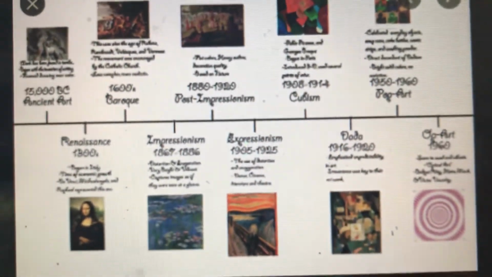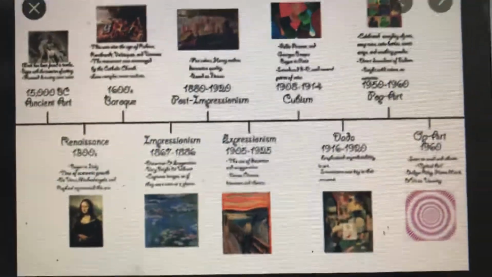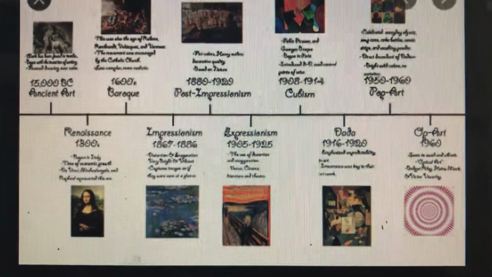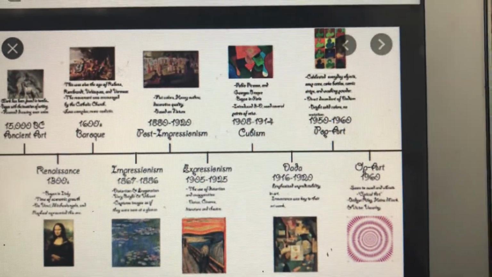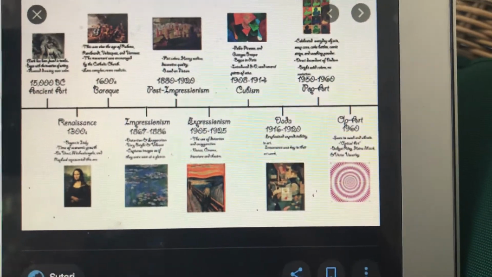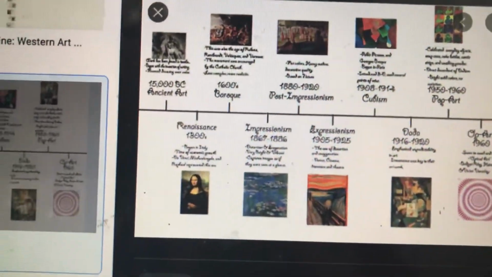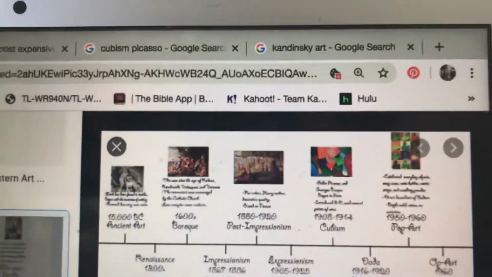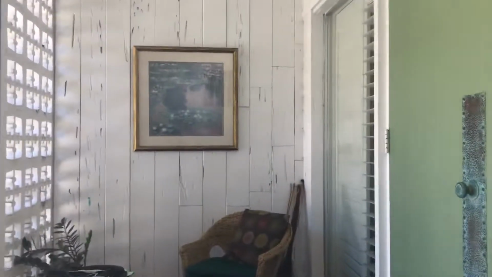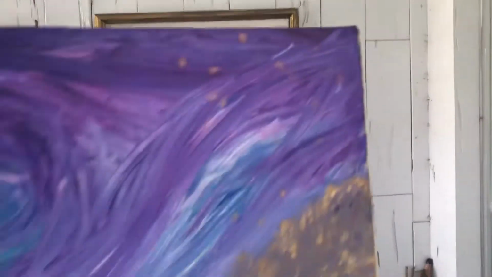When they loosened up in the 1800s, that was more of Monet and, let me show you a little peek. Let's see if you remember these artists. Claude Monet did the water lilies, and Vincent who did Starry Night.